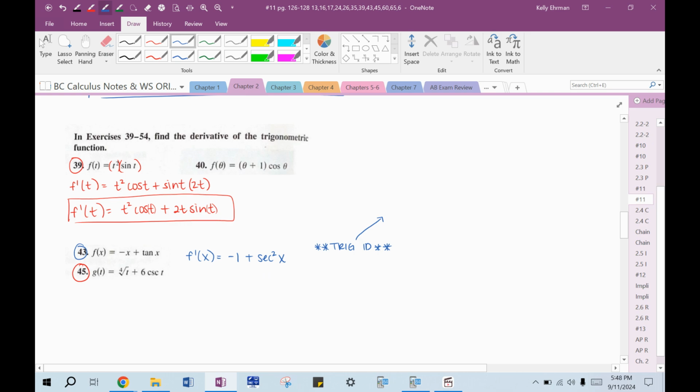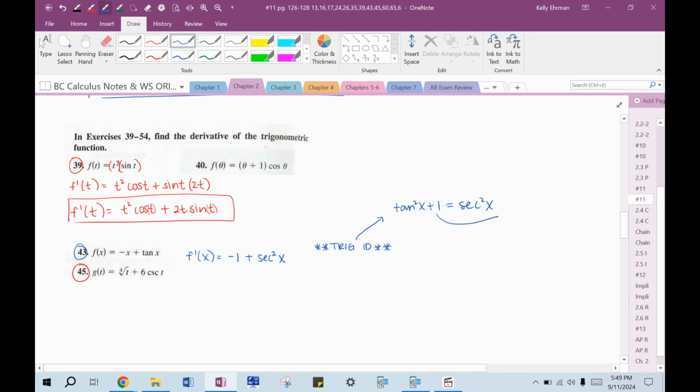So you are expected to know the 3 Pythagorean trig identities. And the one that involves secant squared, the original that we learned last year, is tangent squared x plus 1 equals secant squared. Hold on, the pen just ran out. So here's the original trig identity that we learned in pre-calc.